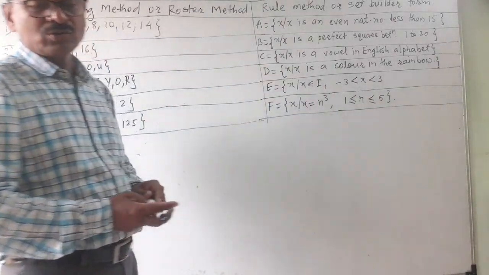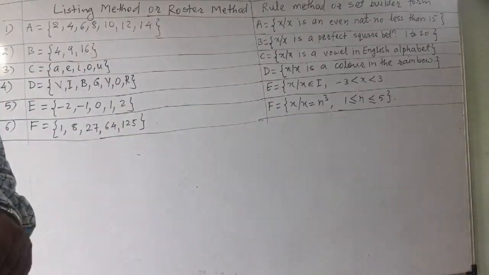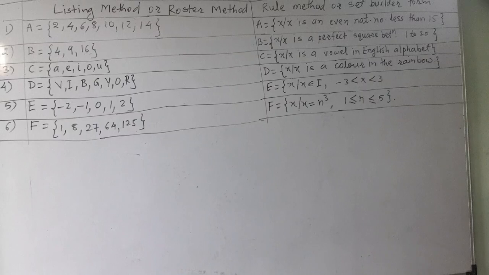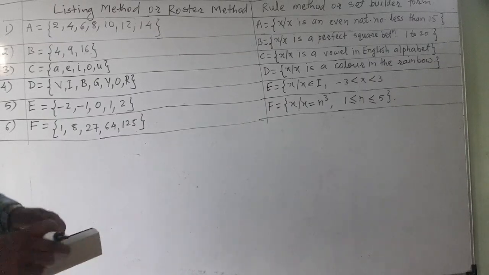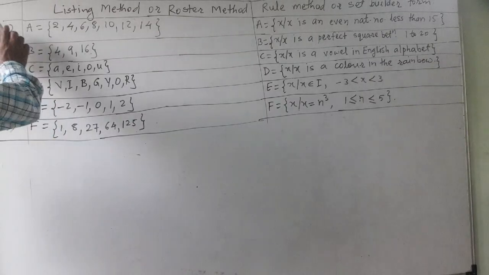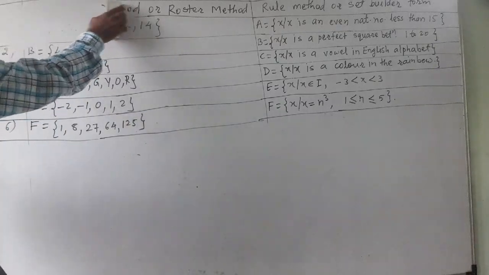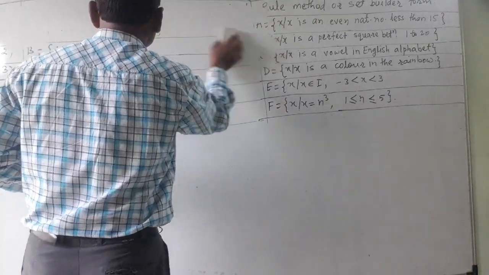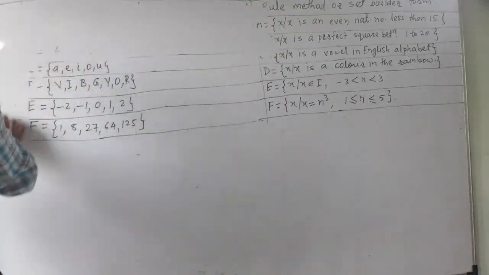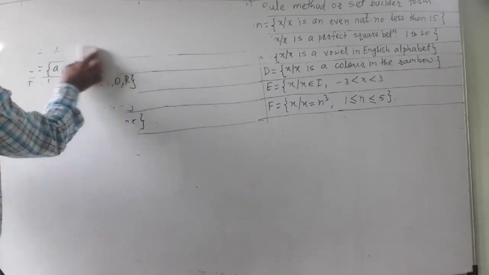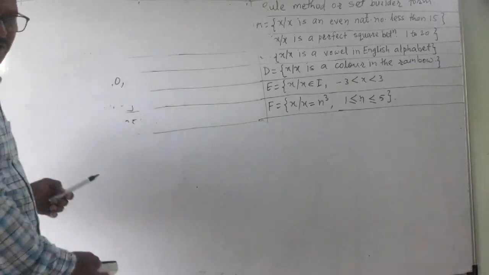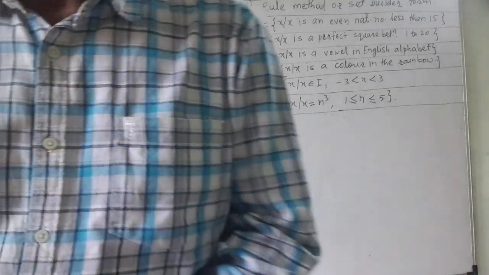So this way how to write the sets, that is important aspect, and at least 1 or 2 questions come for 1 mark or 2 marks. So hope that you have understood this, and when you will go through the textbooks, definitely you will be in a position to solve all the questions of this type.